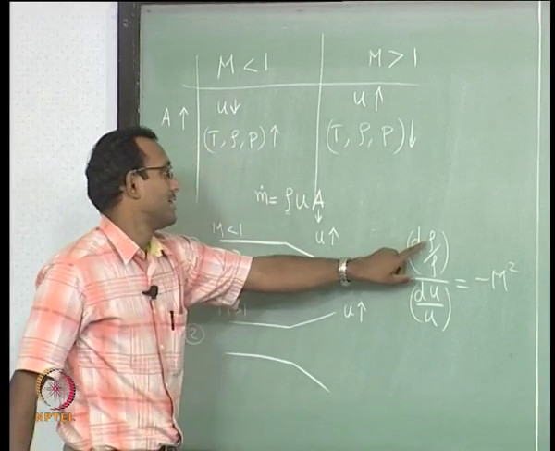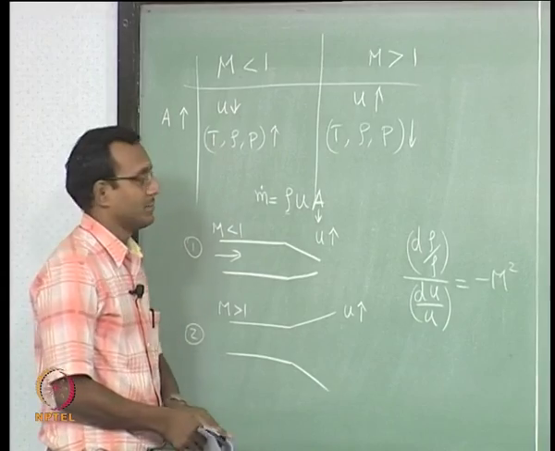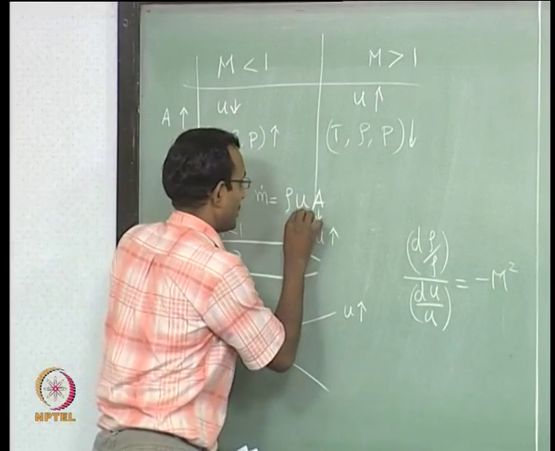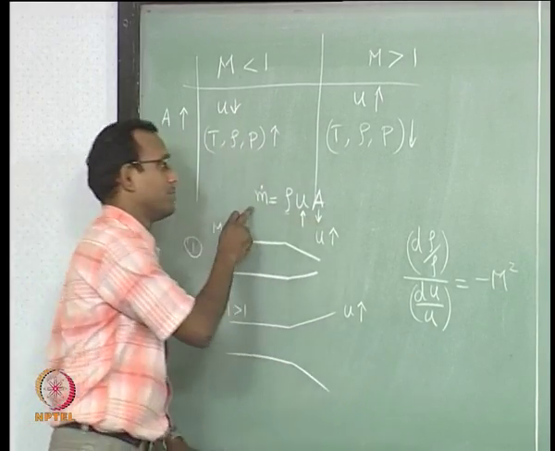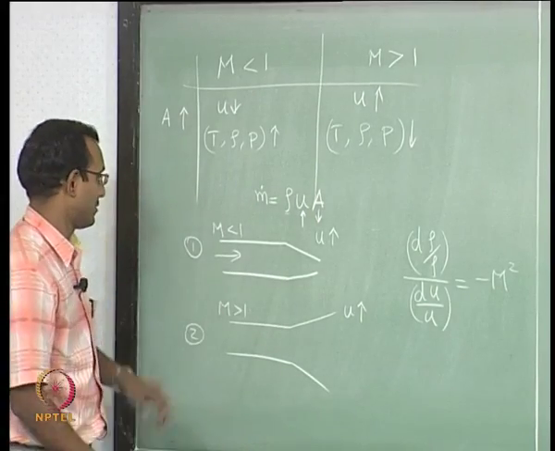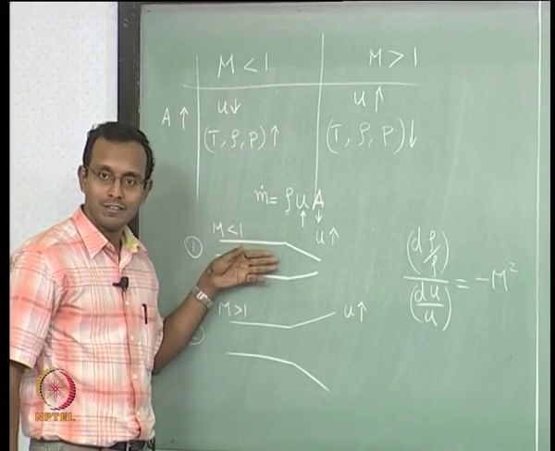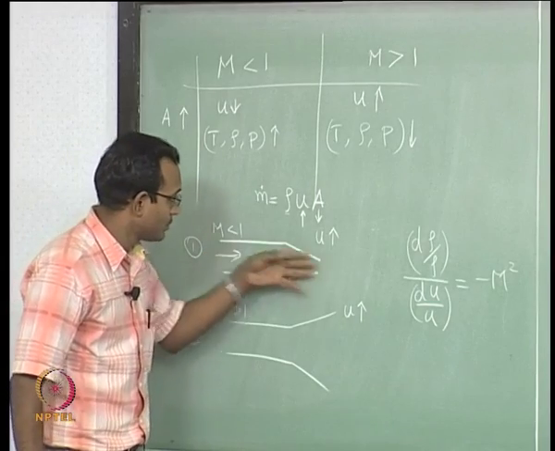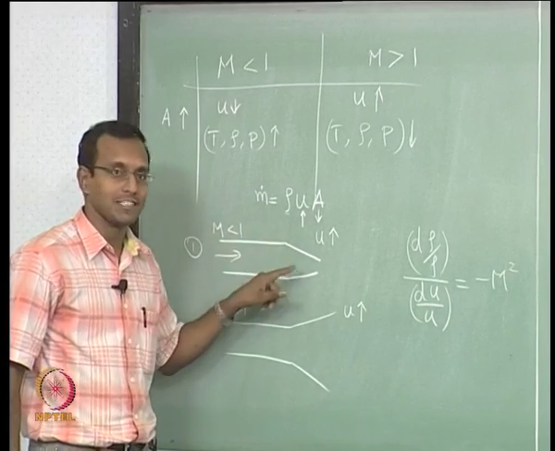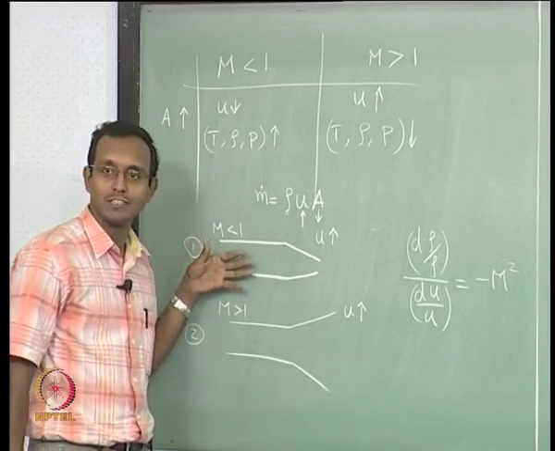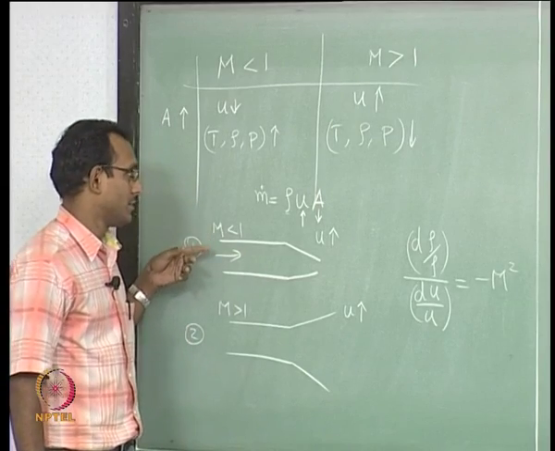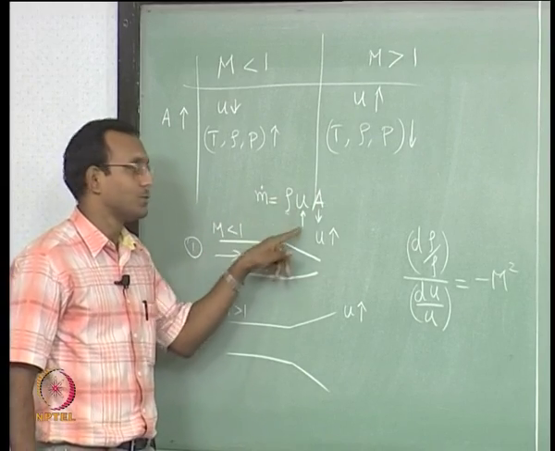So, the effect of density is very small. Velocity has to increase to keep the same mass flow flowing through this duct. There is a particular mass flow rate, and even if it is lesser area, the same mass flow has to go through. This is what is happening there.